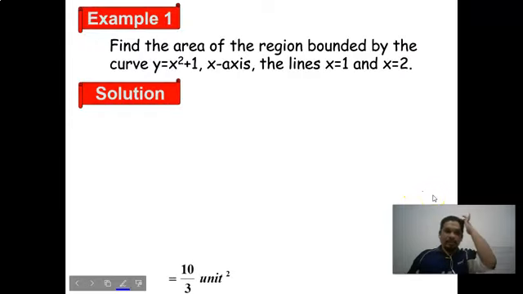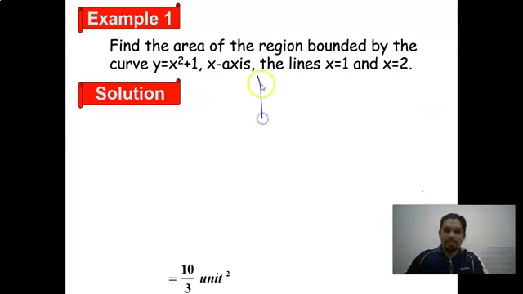Now the first one here. Find the area of the region bounded by the curve y equal to x squared plus 1, the x-axis, the line x equal to 1 and x equal to 2. Let's sketch the curve. y equal to x squared plus 1 cuts the y-axis at y equal to 1.